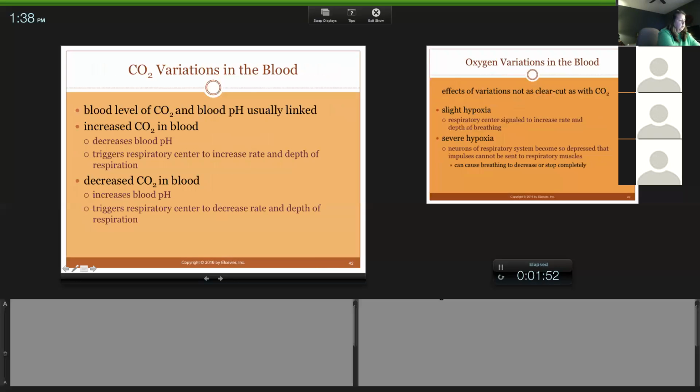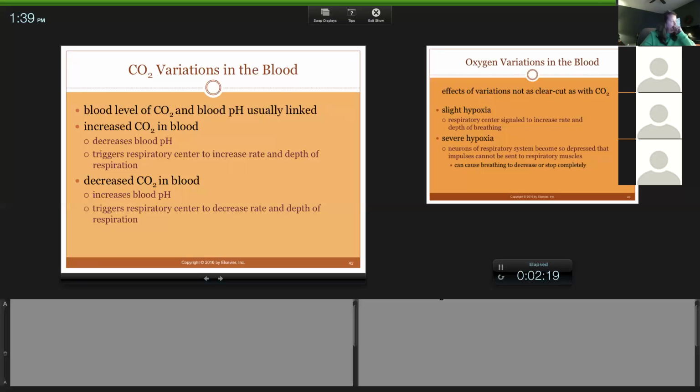CO2 in the blood should be about 40, and pH is 7.4. So in a normal animal, CO2 should be about 40 and pH should be 7.4.